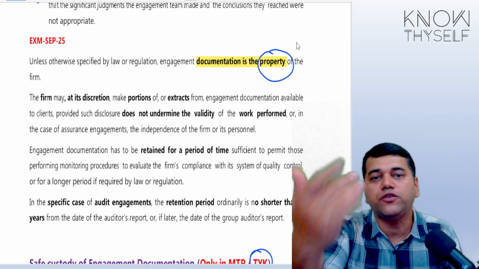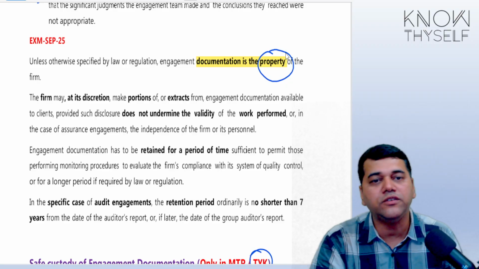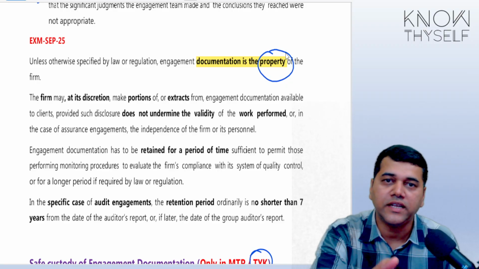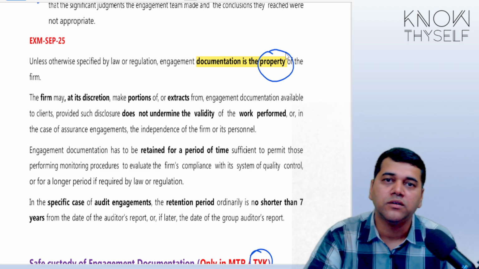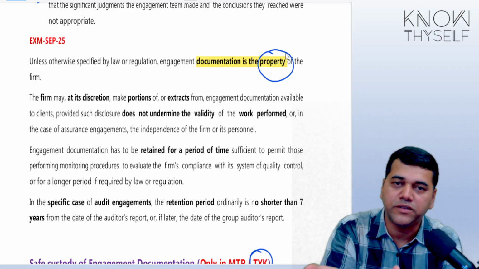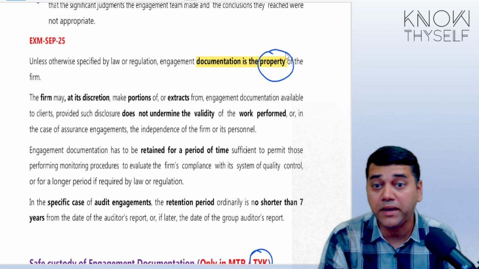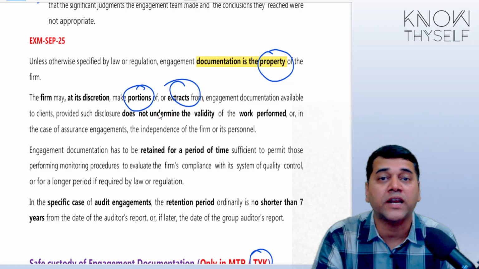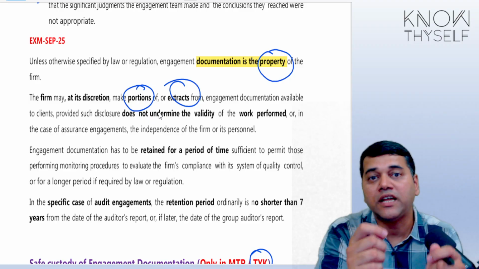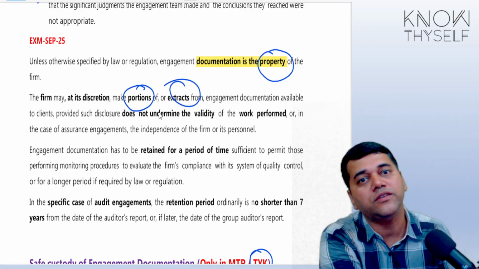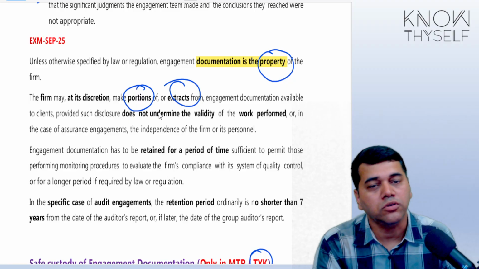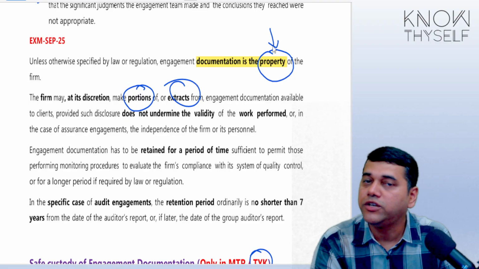Because you cannot shift your auditor easily, because your entire history is with this auditor, like your entire medical history is with this doctor. Will you go and ask him, sir, please give me the file? Will they give you? They may give you some extract portions, but not the entire file, because they know if the entire file is handed over, you can shift easily to another doctor, another CA. So it is their property; they need not give it to anyone.